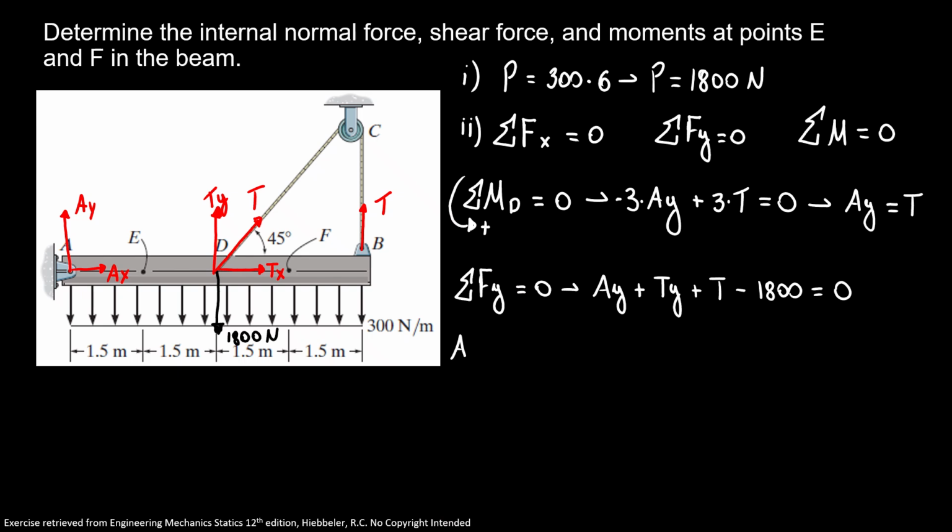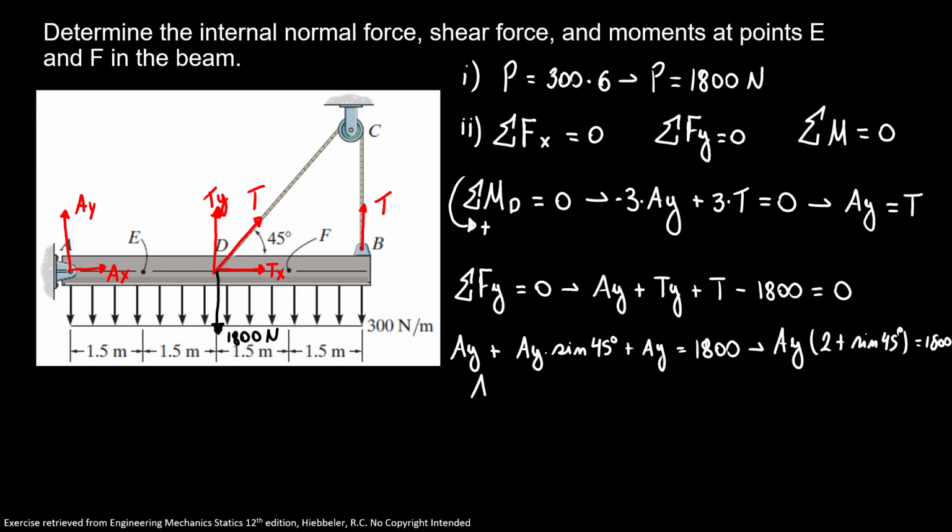So AY plus TY, which is AY times sine of 45 degrees, plus AY is equal to 1800. AY multiplied by 2 plus sine of 45 degrees is equal to 1800.